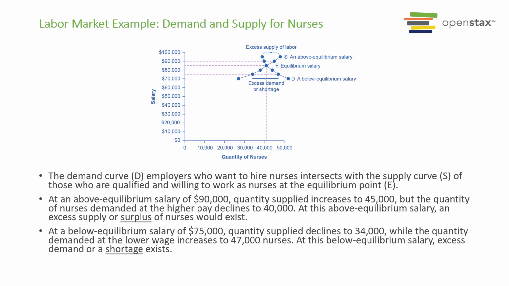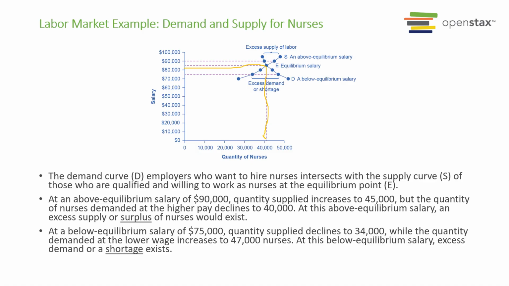So this is the important concept of the equilibrium. It happens right at this point, and that is the equilibrium price, the wage, let's say 85,000, and this is the equilibrium quantity, 42,000 or so.